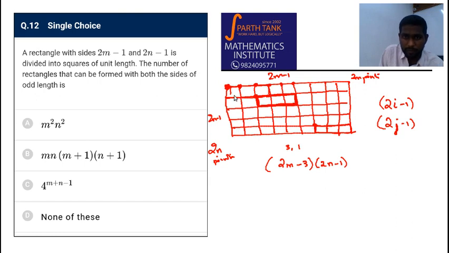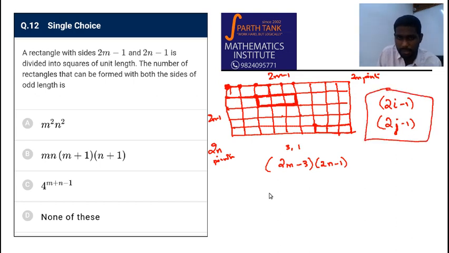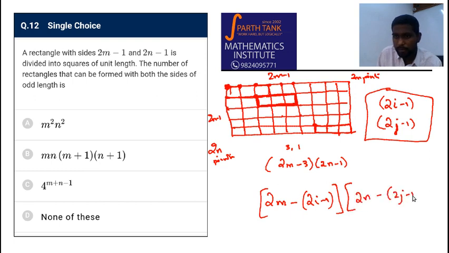So from all these points here, you can have a rectangle of size 3 comma 1. I can generalize this and say that to have a rectangle of length 2i minus 1 and breadth 2j minus 1, there are 2m minus 2i minus 1 and 2n minus 2j minus 1 choices.